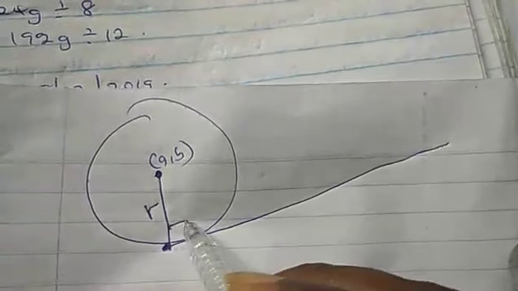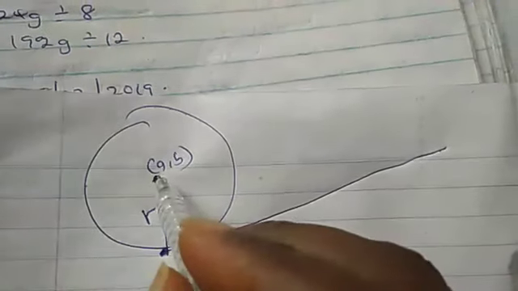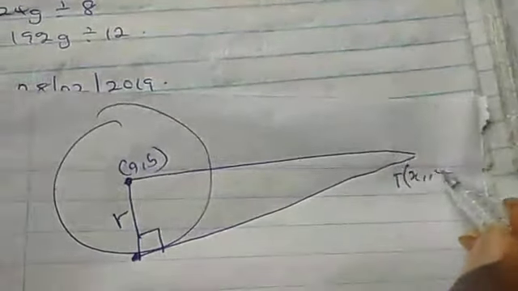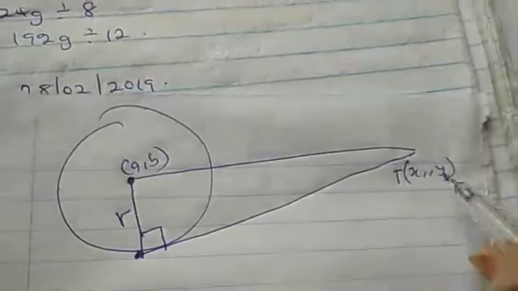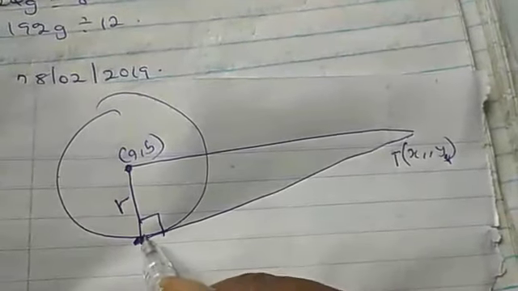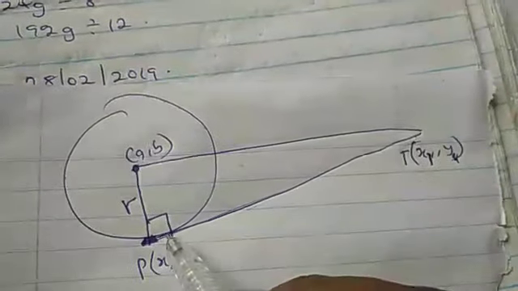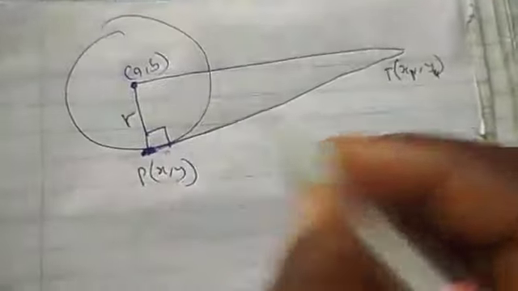By circle theorem, we know that this angle is 90 degrees. And let's say this is point x1, y1. The question is that from this point of contact, can we know the length of this line? We call it the tangent line, the length of the tangent line.